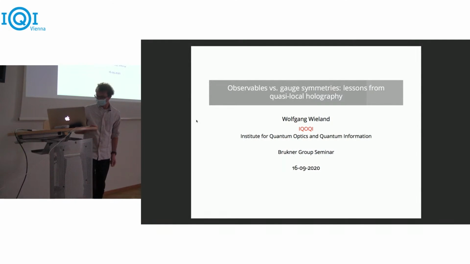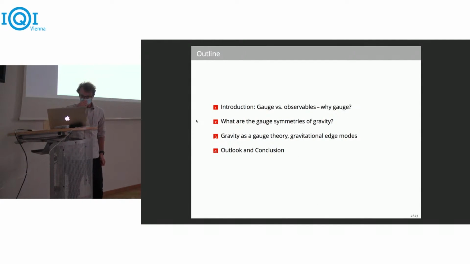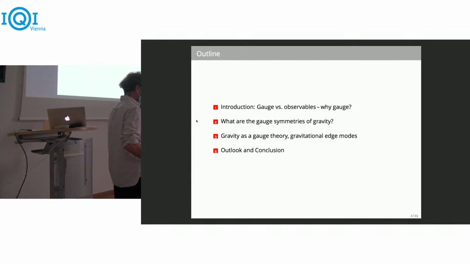to give this talk. And as you were explaining, Czaslaw, I want to be a bit elementary in the beginning before then diving into more technical parts of my talk. So first of all, I want to speak about what is gauge, why do we have to deal with gauge symmetries in physics, what are they for, and then I will move on to gravity, and I will explain what are the relevant gauge symmetries in general relativity.